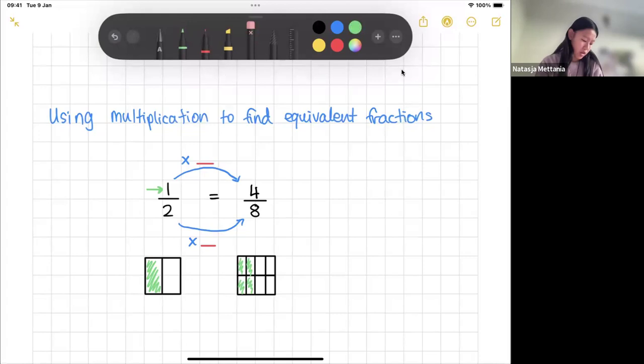Well, 1 multiplied by 4 equals 4. Now, whatever I do to the top, the numerator, I have to do to the bottom. So if I multiply by 4 on the top, I need to multiply by 4 at the bottom. Let's double check: 2 times 4, does it give me 8? Yes, it does. That's how I find equivalent fractions.